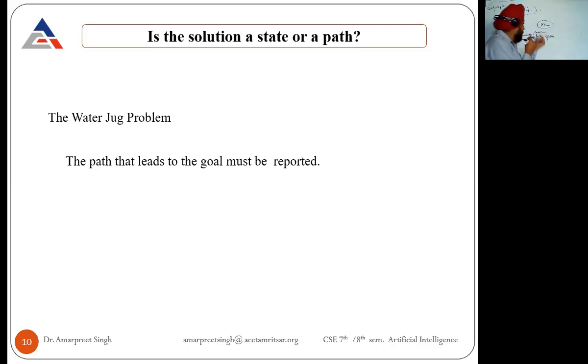So you can get the address of ABC from his father. If he is not at that place, then you can ask his father where ABC is now. So this is the example of whether the solution you reached is actually the goal state or a path to the solution. So in this case, it is a path for a solution.